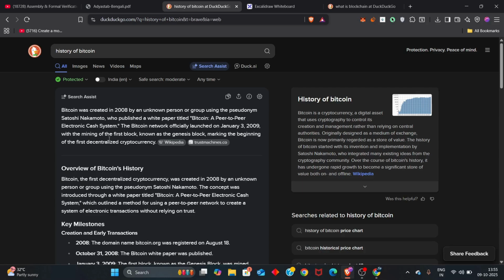Bitcoin was created in 2008 by an unknown person or group using the pseudonym Satoshi Nakamoto. We don't know who created Bitcoin. A white paper was published titled Bitcoin: A Peer-to-Peer Electronic Cash System, but we don't know who published it or who they are. We don't even know if it is one person or a group.